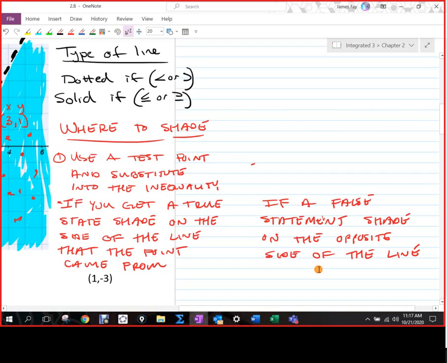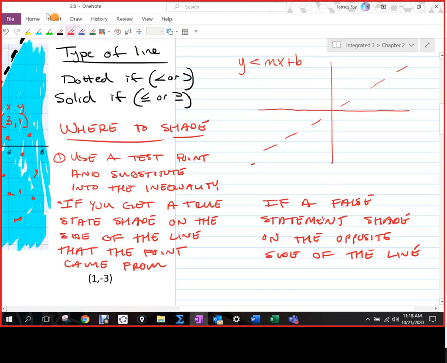Another way to determine where to shade. Now this is only if my inequality has y solved for, and y is coming first. Like if I have y equals mx plus b, and I say y is less than mx plus b, if you draw your line, so let's say my line looks something like that.